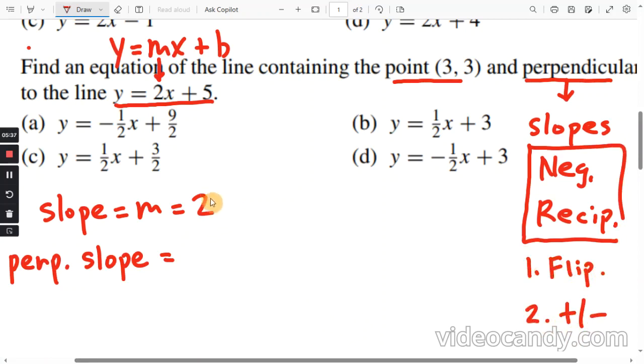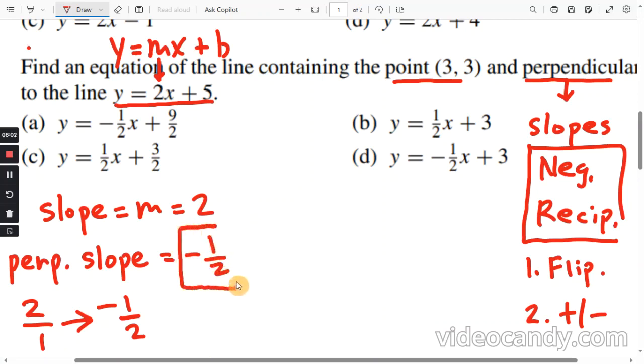All right, so if you take the 2, that's the same as 2 over 1. Flip it or take the reciprocal, make it 1 over 2, and change the plus minus sign. Right now it's positive and now it's negative. So the perpendicular slope is going to be negative 1/2. All right, that's your new slope. This was the original.